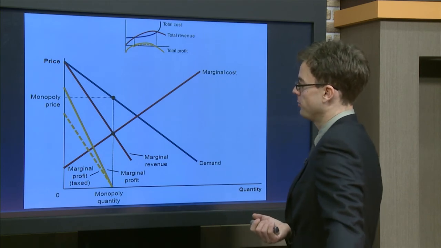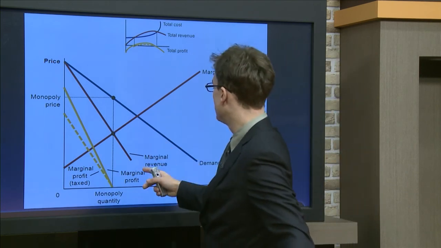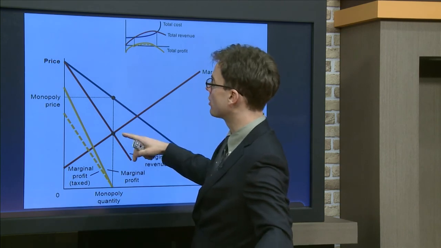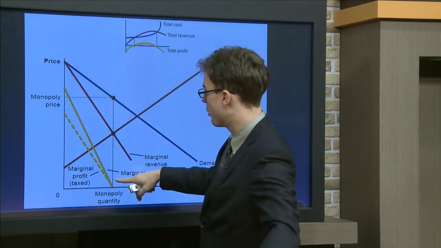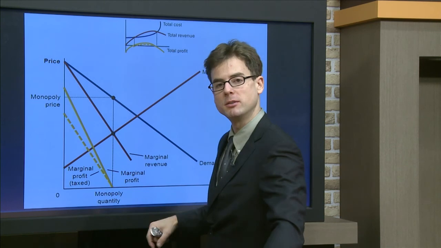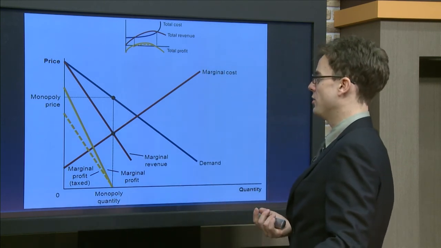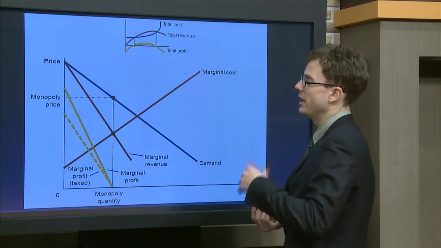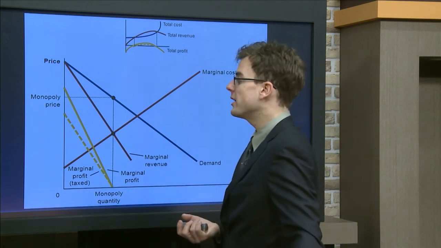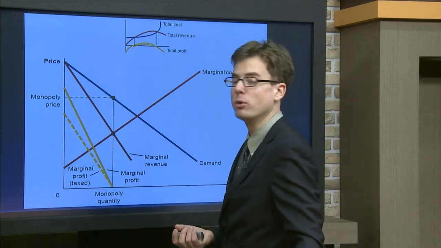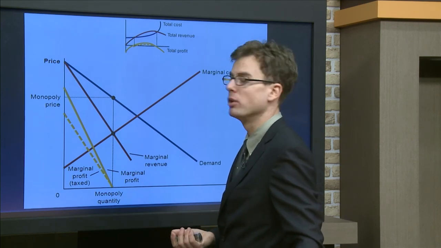output decision. So using the marginal revenue and marginal cost curve, we can draw the marginal profit curve of the monopolist. That's just the difference between those two. And suppose that the government decides to tax, suppose 20% of monopoly profits.